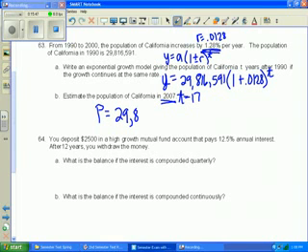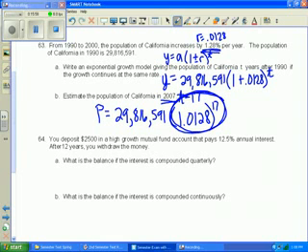So you take this initial population and find this exponential portion first in your calculator, then multiply it by the initial population, and that gives you a final population of 37,013,552. So that many people.